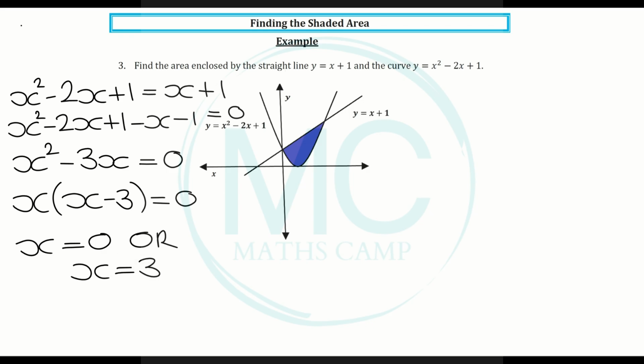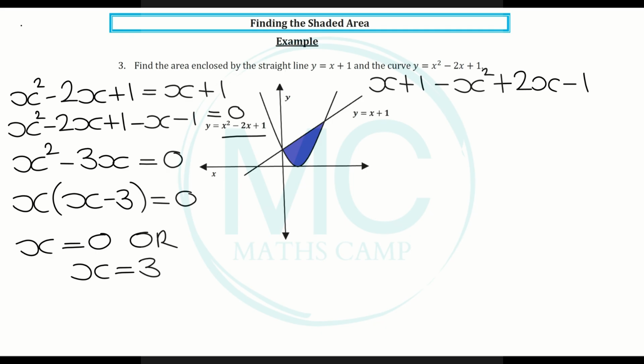In the diagram, we can see that the line lies above the curve. So the next step is to subtract the equation of the curve from the equation of the line. So we can say the equation of the line, x plus 1. Now we can subtract the equation of the curve, so minus x squared minus negative 2x minus 1.